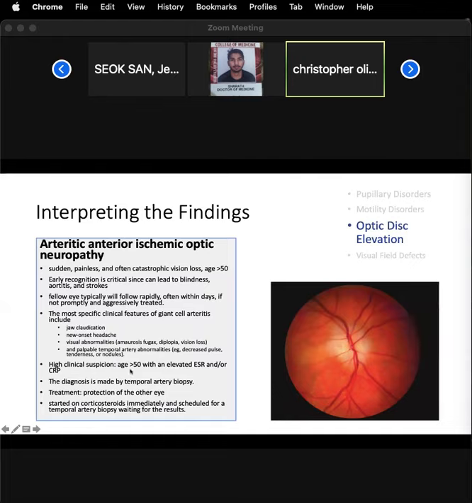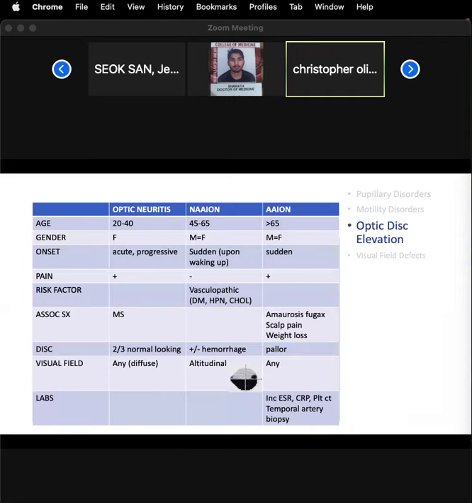This one, high clinical suspicion. And you do workups, ESR and CRP elevated. But the diagnosis is made by temporal artery biopsy. Okay? So the goal of treatment is actually protection of the other eye. So you start on corticosteroids immediately and schedule for a temporal artery biopsy while waiting for results.